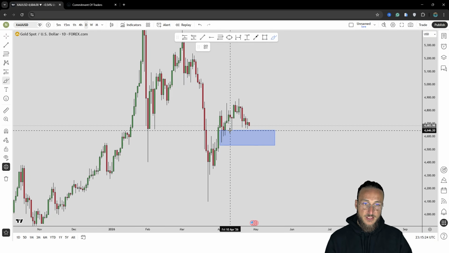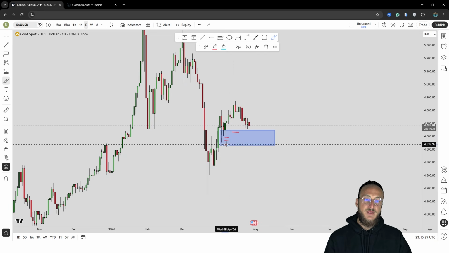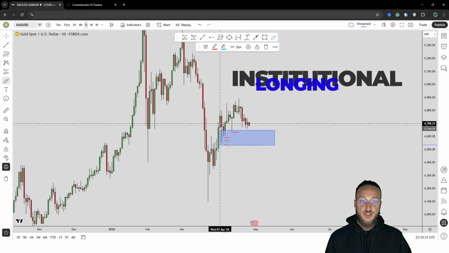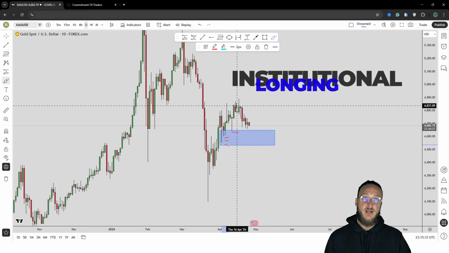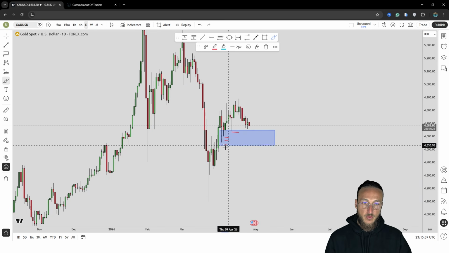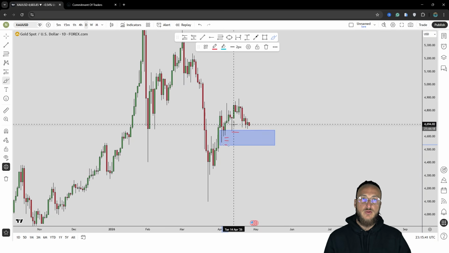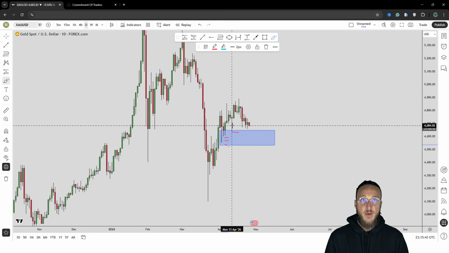In fact, this was the previous low. We have many lows also at this zone, which means that a lot of retail traders who started longing during this push to the upside and got trapped in this long have their stop loss below the low. And that is exactly the kind of area at which the market usually likes to go to see what kind of liquidity there is, because remember that in the market, for every buyer, there needs to be a seller. For every seller, there needs to be a buyer.